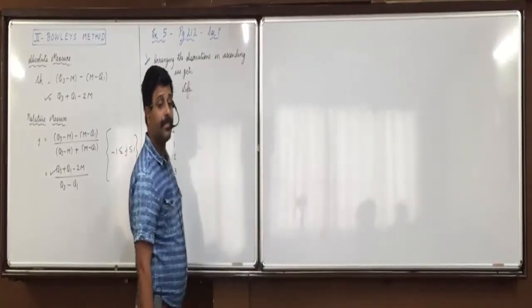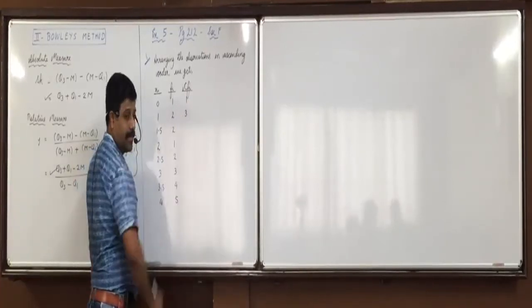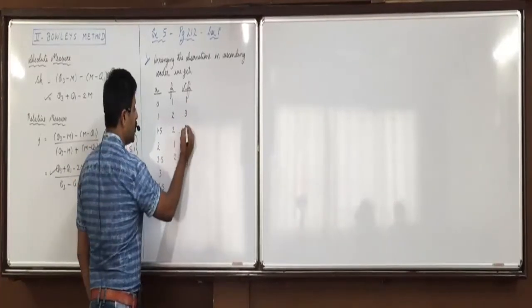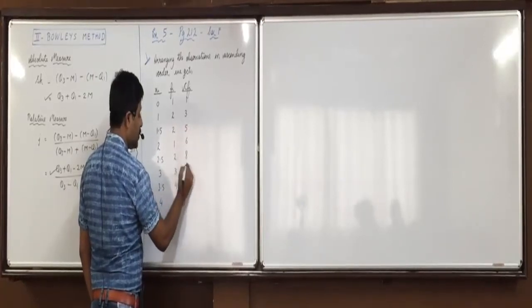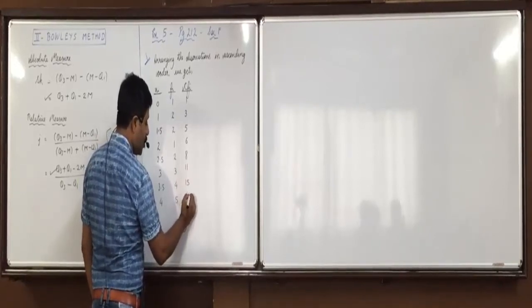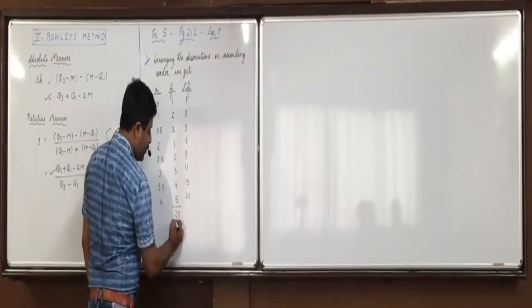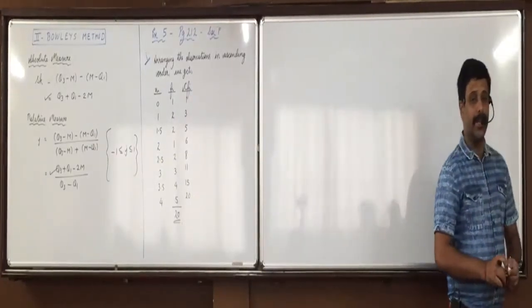After 1? 1, then 1 plus 2, 3, then 3 plus 2, 5 plus 1, 6 plus 2, 8 plus 3, 11 plus 4, 15 plus 5, 20. Did everyone understand this? Any doubts up till here?